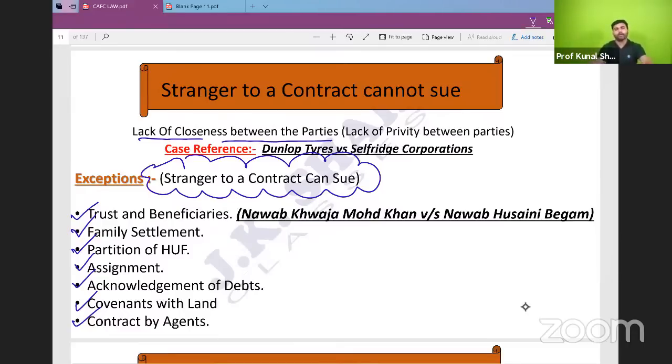The next one is about covenants with land, that is, agreement with land. For example, there was a zamindar named Chunnilal. Chunnilal gave his property on lease to a person called Mr. Mark.